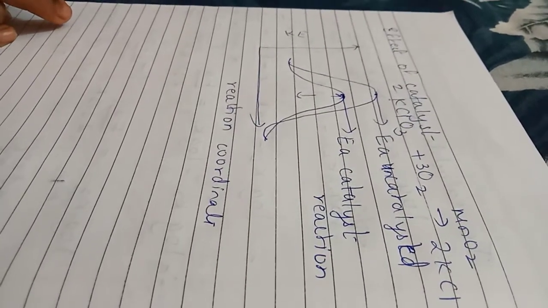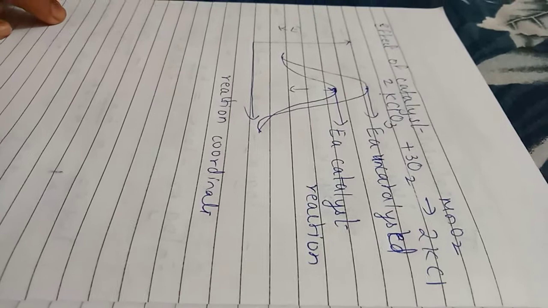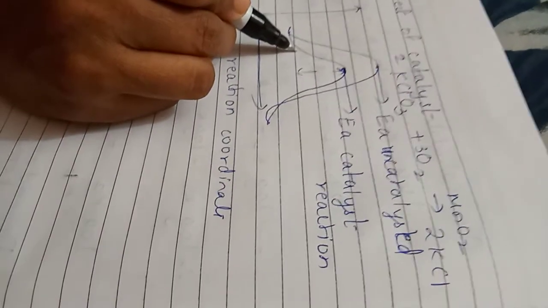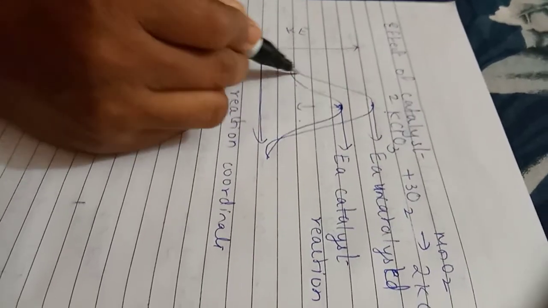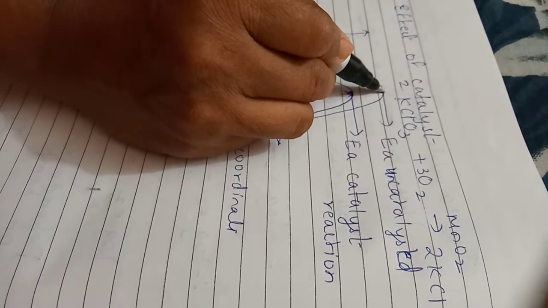They cross the barrier even if they have minimum energy, meaning the number of reactant molecules getting converted into product is much higher. Here the number of molecules getting converted into products is much lower.